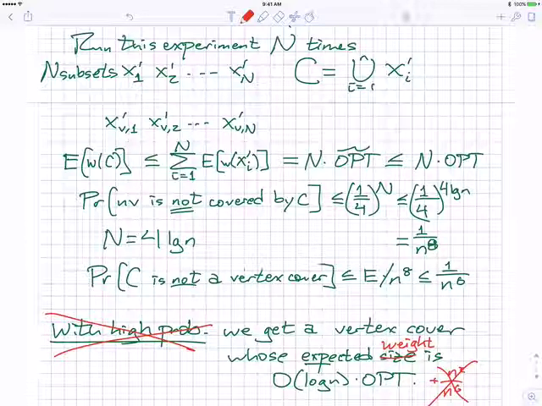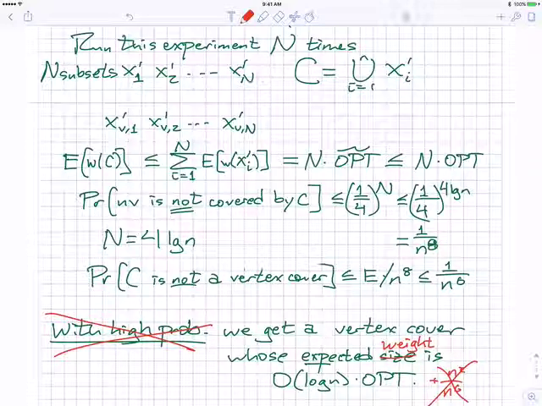In practice, yes, that would be better, but from a theoretical standpoint, you don't actually gain it, as far as I know. I'm sorry? The running time is getting better? Yeah, it'll be faster because your linear programs will have fewer variables as you go through succeeding iterations.